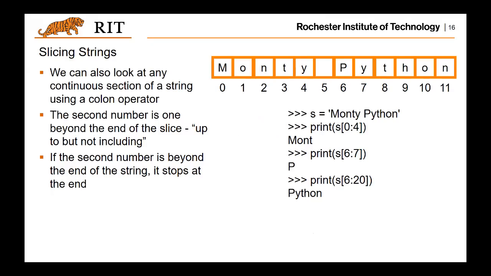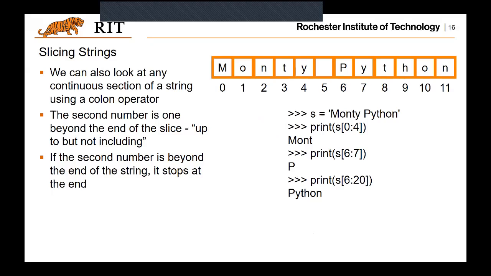For example, you have a sentence, or like this, it looks like a name, right? First name, last name, but you only care about some portion of this whole string. For example, you want to extract the first name or the last name. Then what are you going to do?